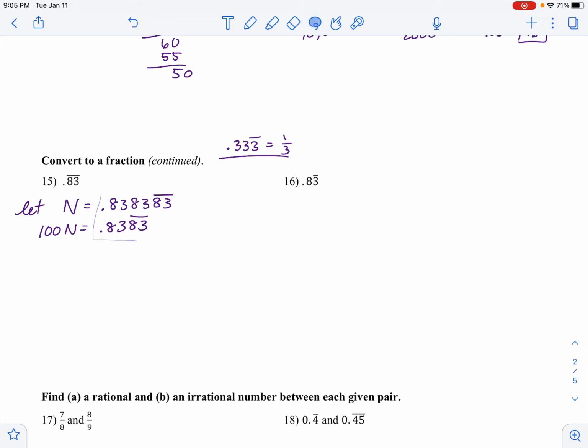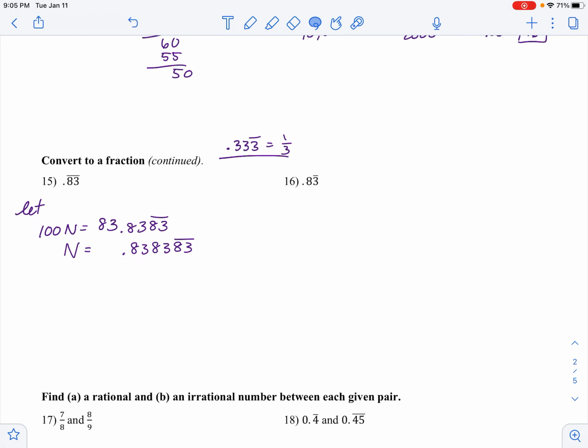What do I get when I multiply my 100 times n? Well, on the left, I get 100n. On the right, I just move my decimal 2 places over. Now, this might seem kind of silly, but now I have two equations.